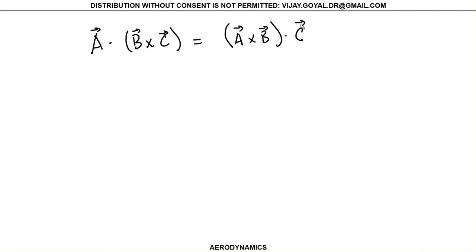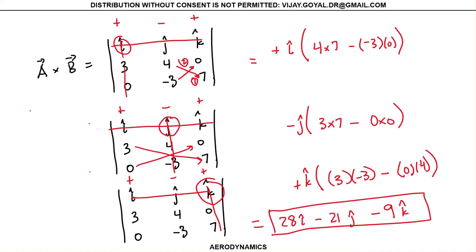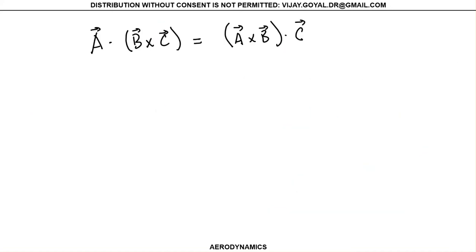First of all, the dot product of A with the cross product of B and C is actually the same as the dot product of C with the cross product of A and B. That's a neat property that vectors have.